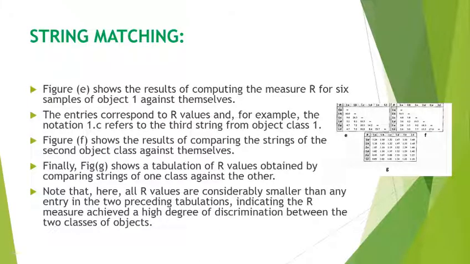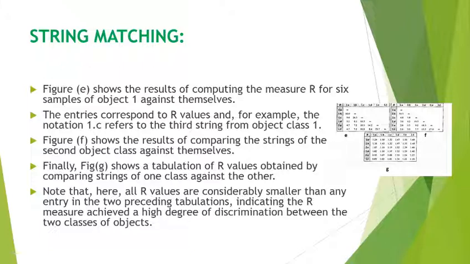But if we observe table G, it is telling us about the similarity between image 1 and image 2. If we consider table G, it has very low R values with respect to table E and table F, since we are matching the strings of two different images at different positions.